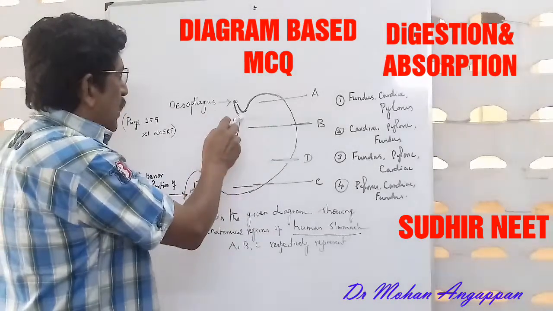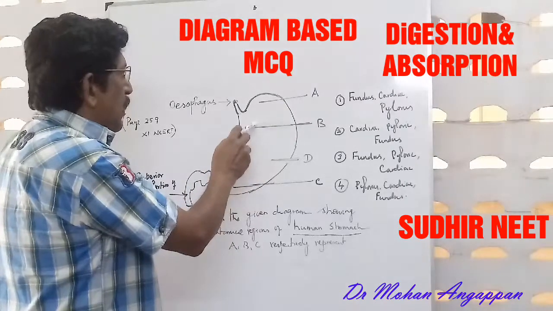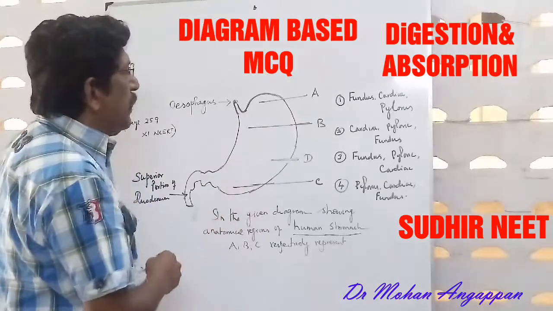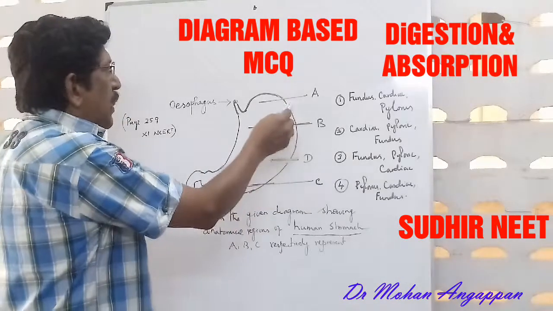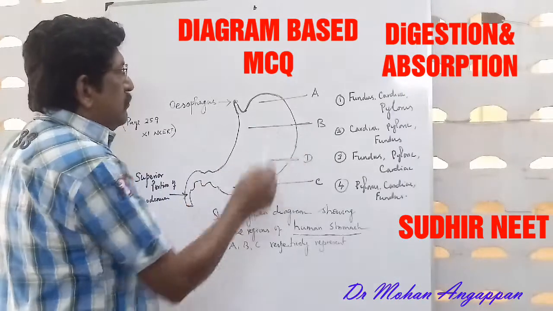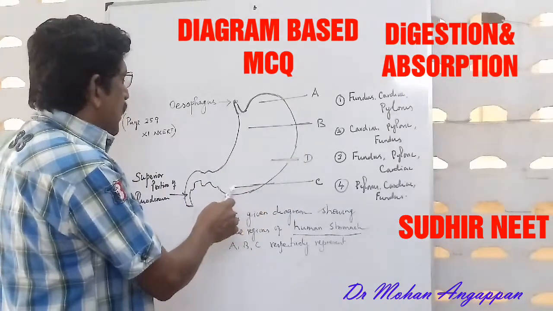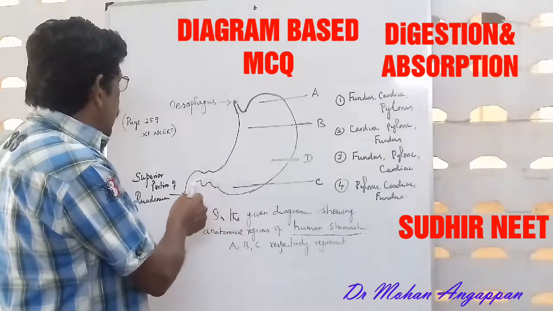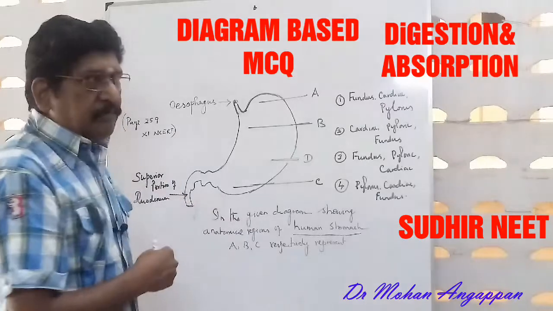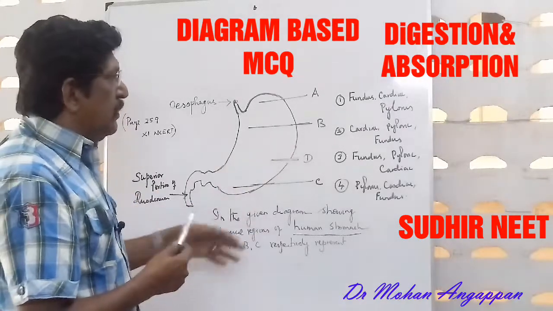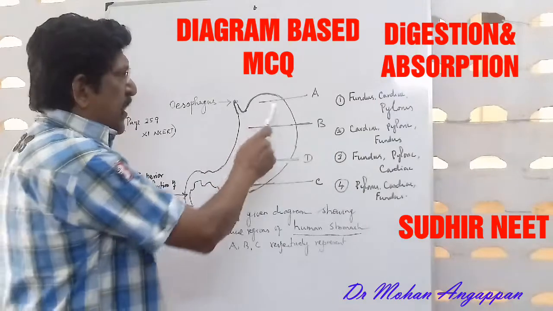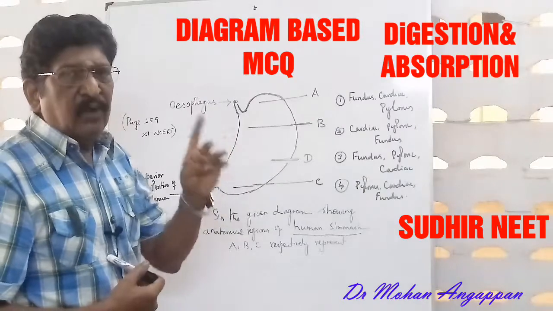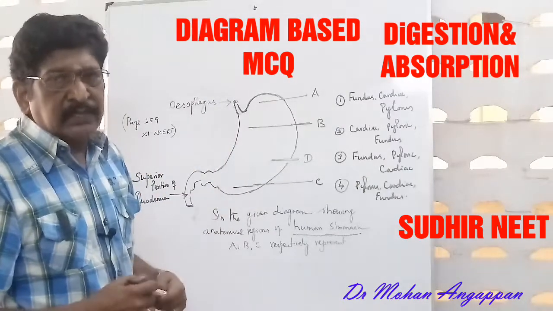Esophagus opens into the stomach in the cardiac stomach, B, and then main region fundus and body, and finally this stomach ends in the pyloric stomach, which opens into the superior portion of the duodenum. So it's a very easy question. So you must remember the fundus, where the food stays for 4 hours for digestion. Fundus F4 for F4 hours.